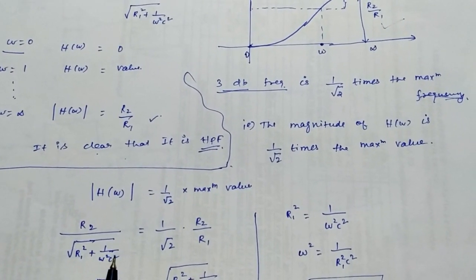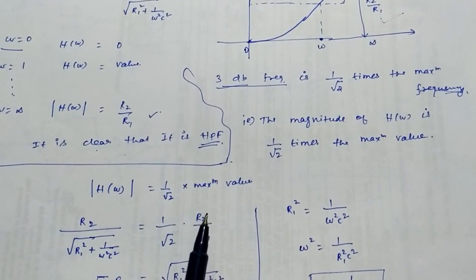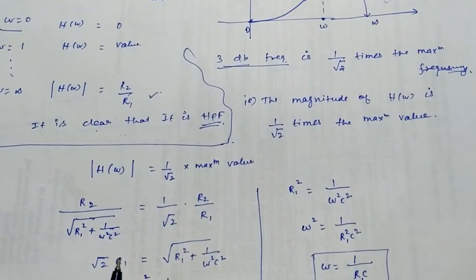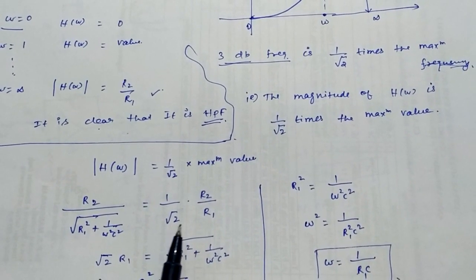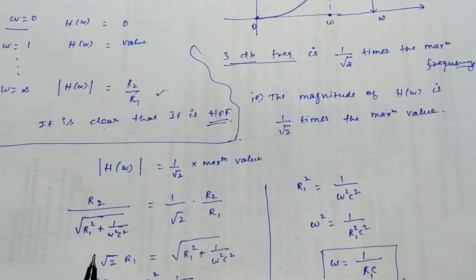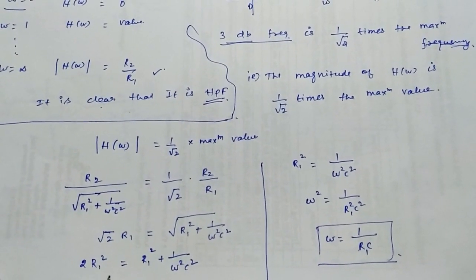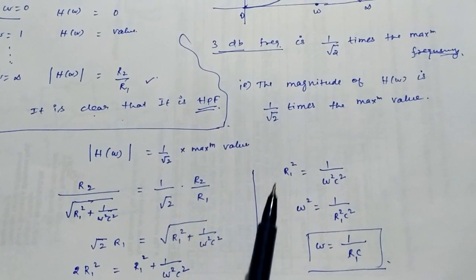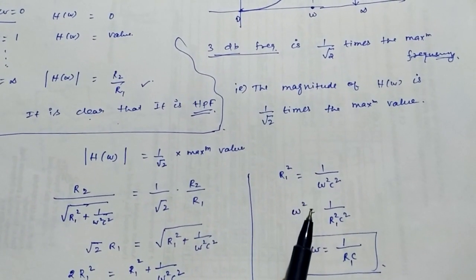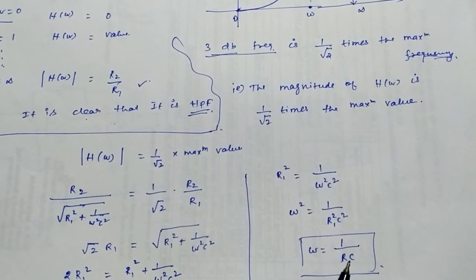To simplify this equation, R2 cancels. Square root 2 R1 is brought to the left side and this term to the right side, and square on both sides. From this, omega is equal to 1 over R1C.